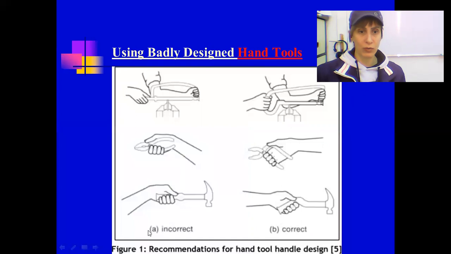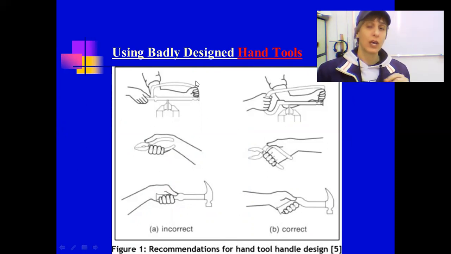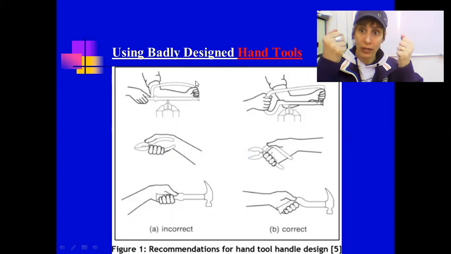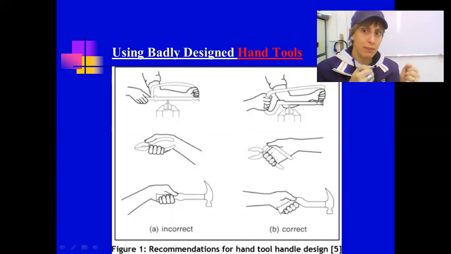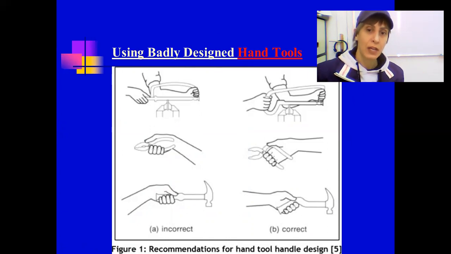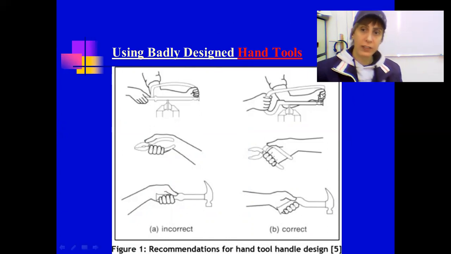Okay, let's continue. Here are more examples. Some hand tools, you need to use two hands, like this one, for example. The force applied is so big, and you need to keep balance and apply force. So you need to use one hand here, another hand here.